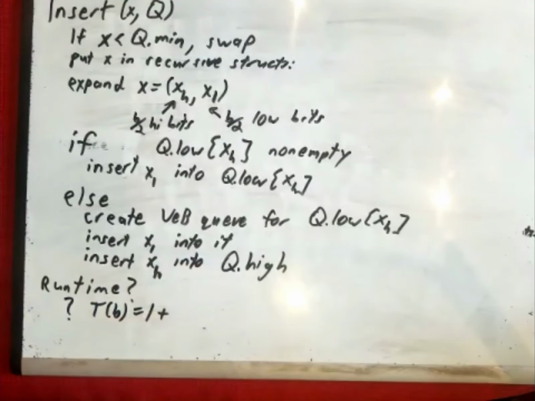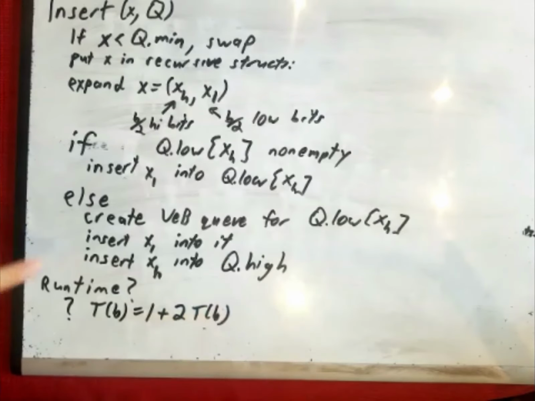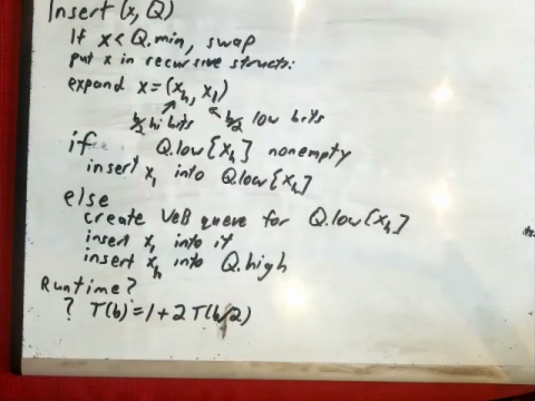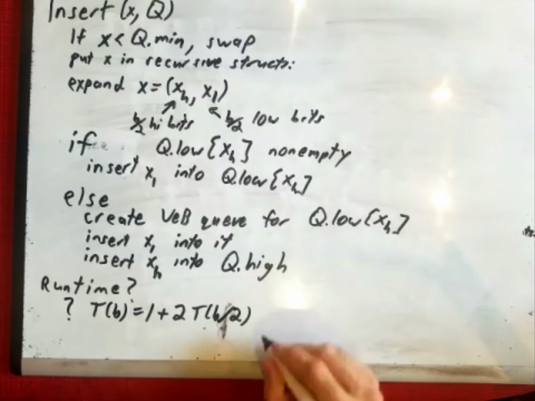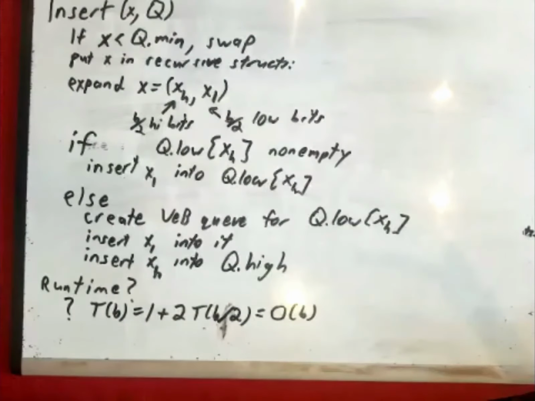And then this subproblem has one recursive call, but this one has two, and that's clearly worse. So it's going to look like T of b equals 2 T of b over 2. To insert the whole word, we insert the high bits and we insert the low bits, and we do some constant additional work.